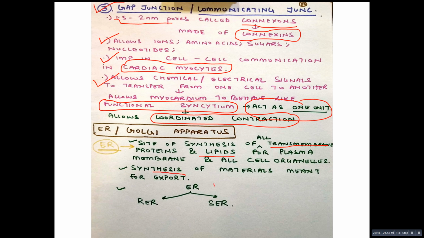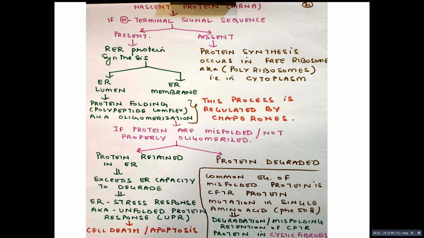Now this is a very, very important slide, and everyone should pay attention at this point. There are certain nascent proteins, actually the mRNAs. I want to stress that there are mRNAs that are transcribed from DNA.